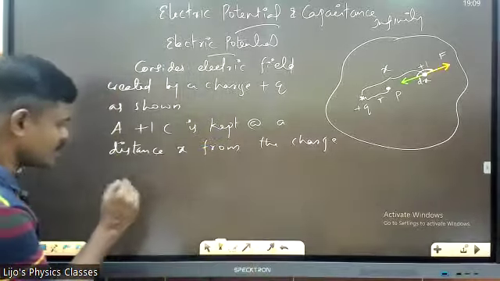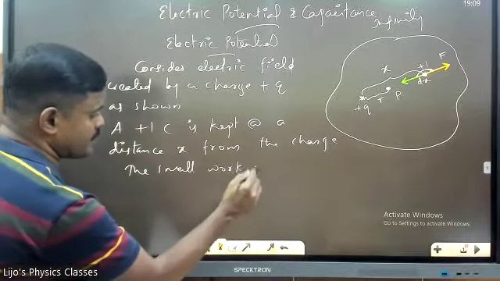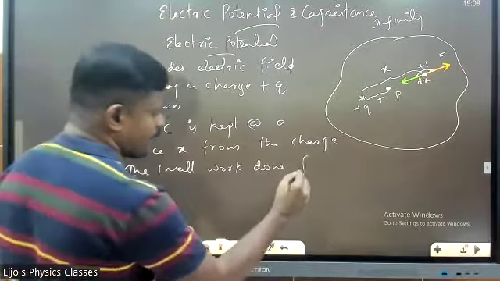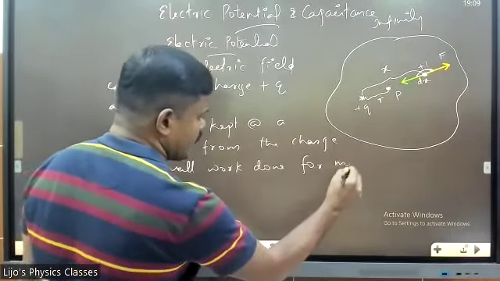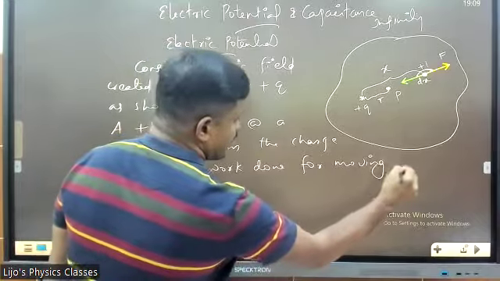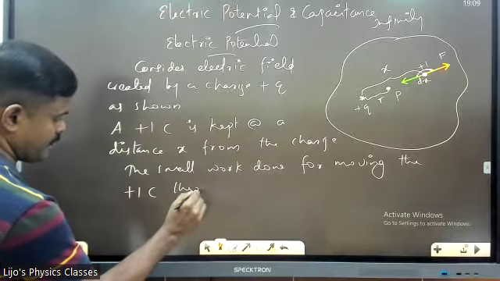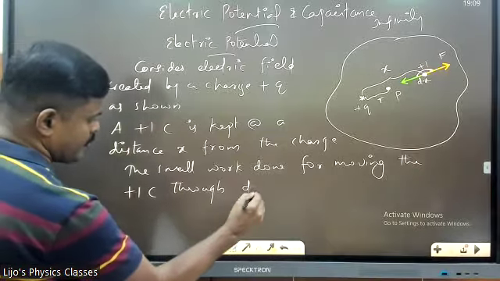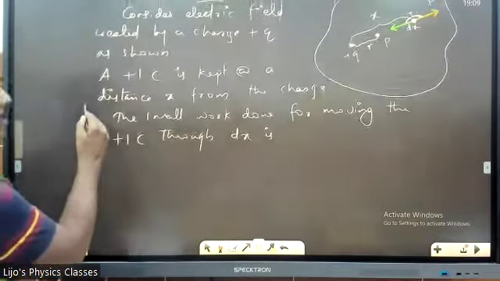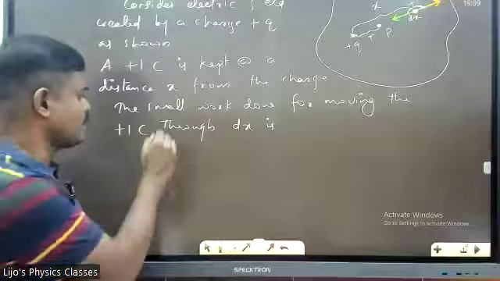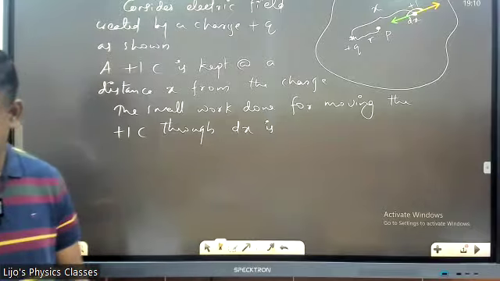So you can write the small work done. We are finding the small work done first. The small work done for moving the plus 1 coulomb through small distance dx.